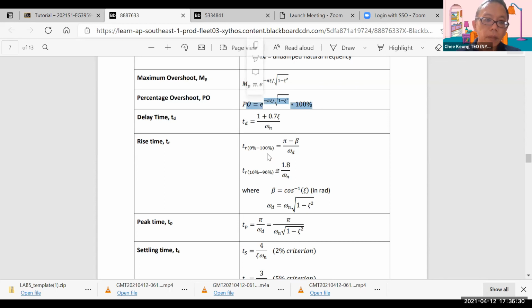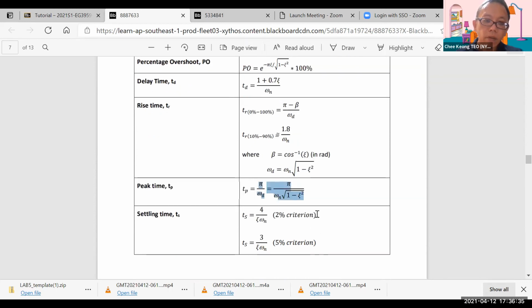Peak time is here, you can find, and the settling time for how many percent? Just now, what did we say? For the 5% criterion. So the 5% criterion will be this one here. So use this formula. So with this, you are essentially able to solve all the questions, right?